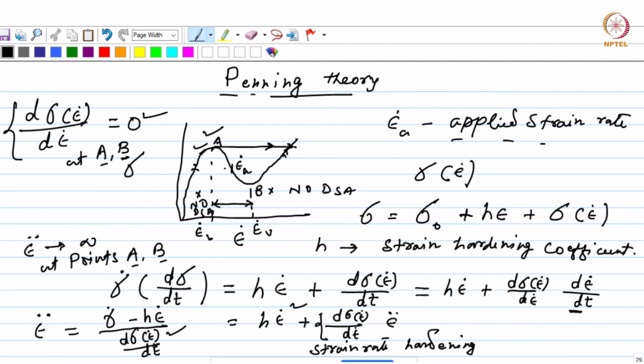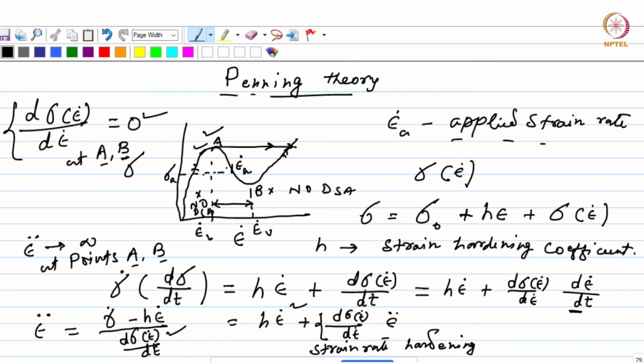But this is at a stress which is higher than the stress that you are supposed to have at the applied strain rate.